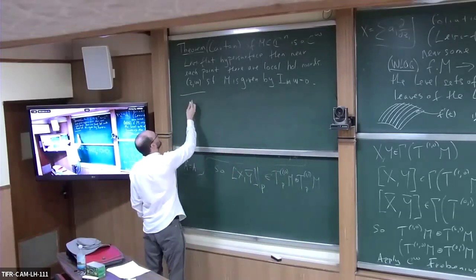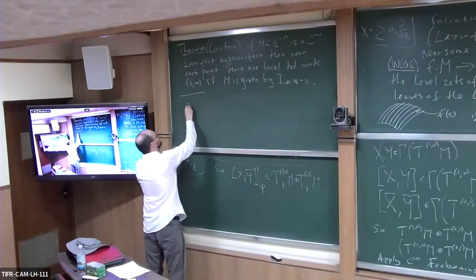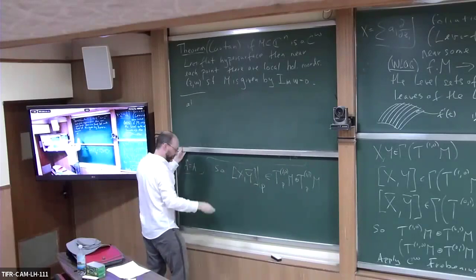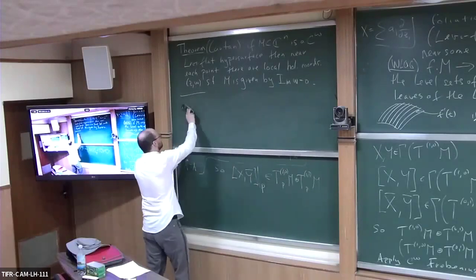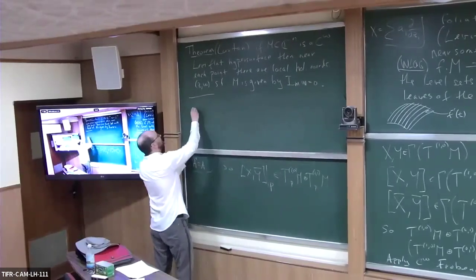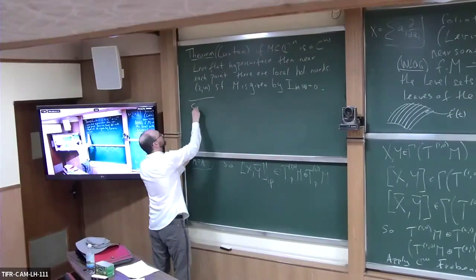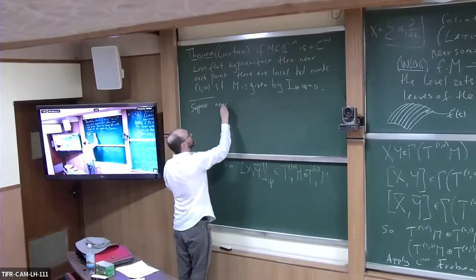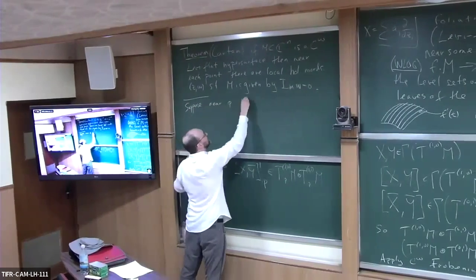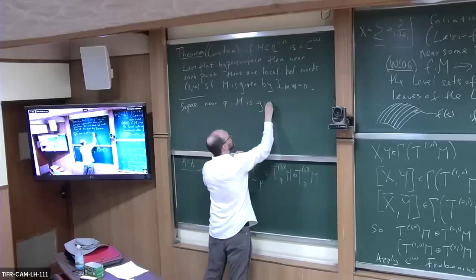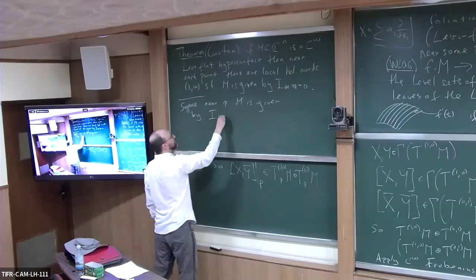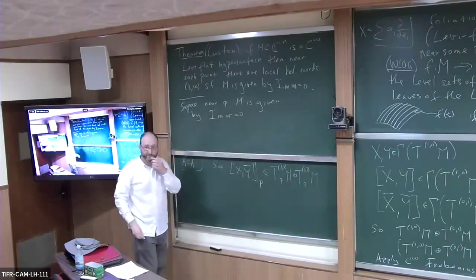So here, let's suppose that M is given by the imaginary part of w equals 0.